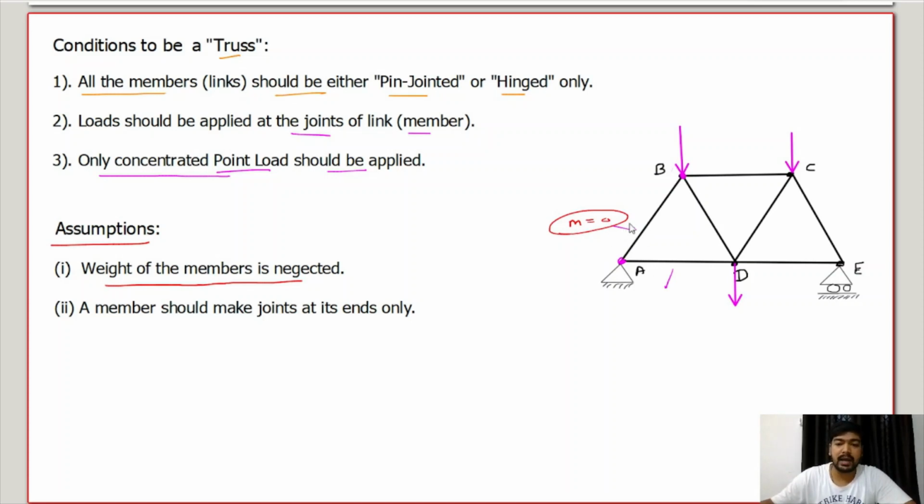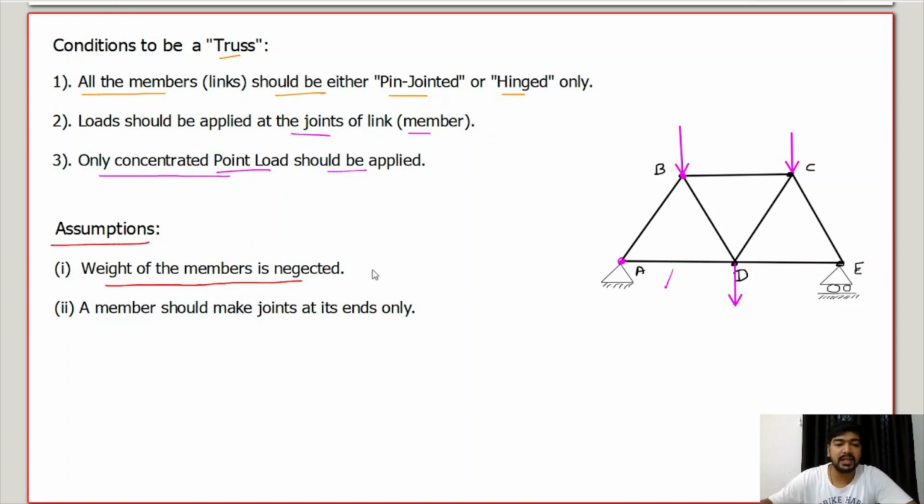Because अगर इसका मास होगा, let's say ये हम बात कर रहे हैं BC लिंक की, BC लिंक का मास होगा तो that mass will be applied at the center. ठीक है, और हमने अभी बात करी थी कि that load should be applied at the joints, right? अगर इस BC member का मास होगा, so this load will be applied at center, तो ये इसको avoid कर देगा.